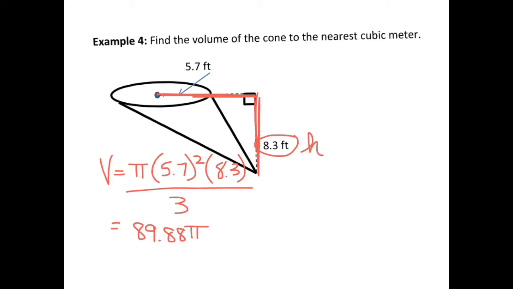Really, I'm just going to round that to 89.9 pi. And then when I multiply that by pi, I get that that's about 282.4 feet cubed.